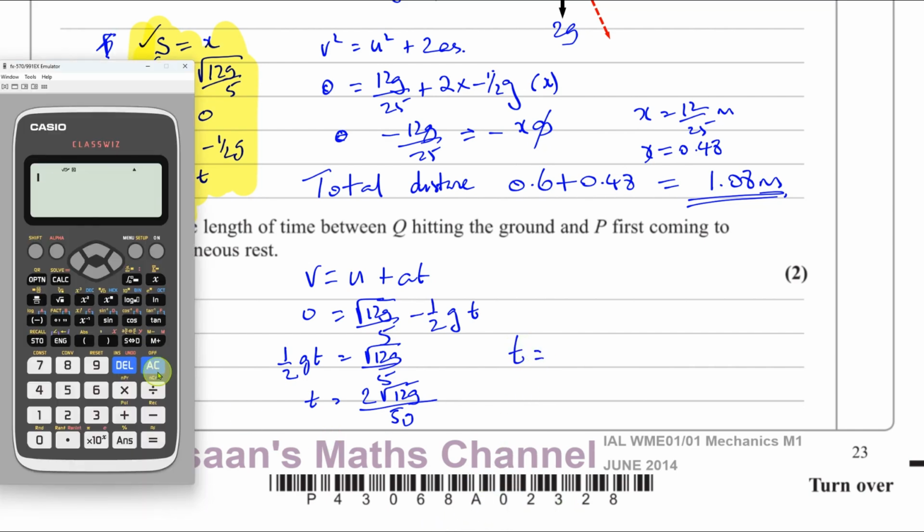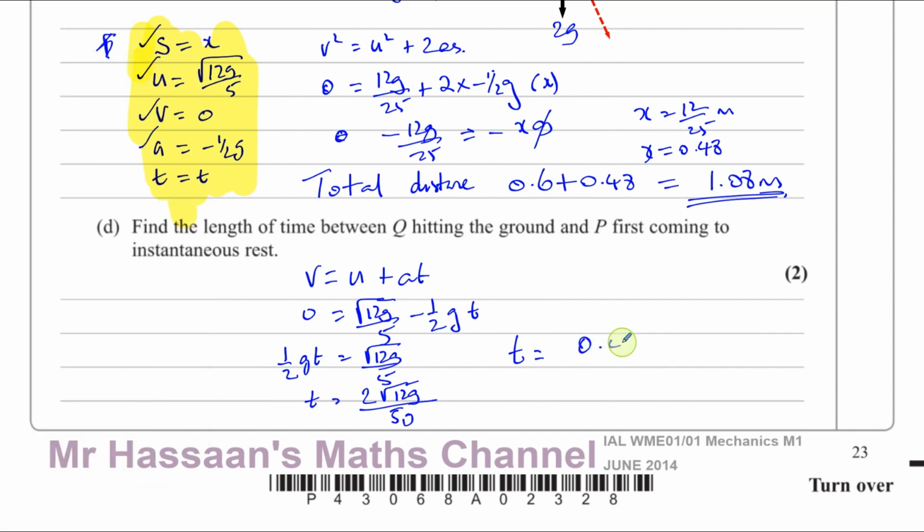So we have 2 times root 12 times 9.8 over 5 times 9.8. And that gives us 0.44262.